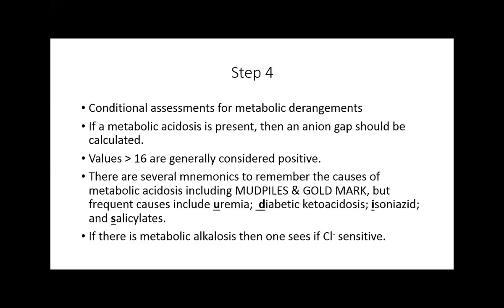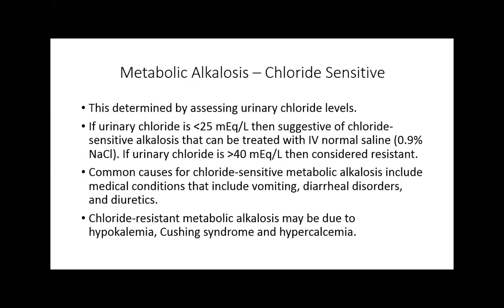If there's a metabolic alkalosis, so the blood pH is on the high side, one of the common causes of that is the loss of chloride, but actually the proton associated with it, so hydrochloric acid, through vomiting or severe diarrhea, something of that sort.